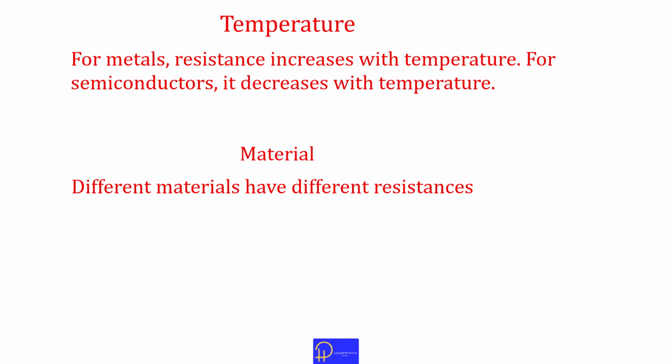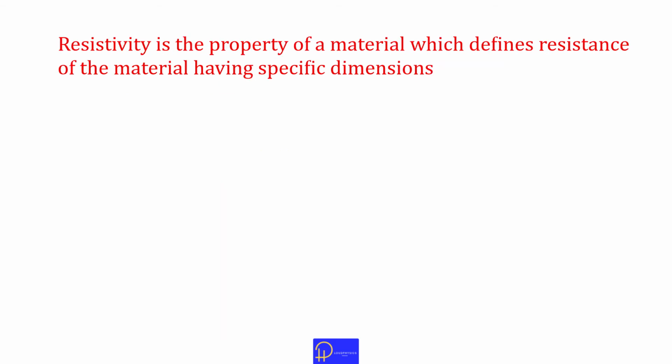The material from which a conductor is made also affects its resistance. Some materials have more tendency to resist the flow of current than others. That property of a material to have more resistance or not is what we refer to as resistivity.